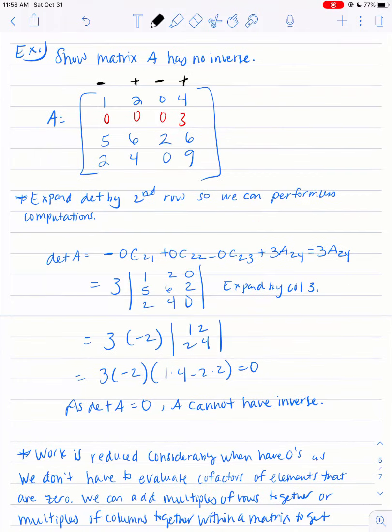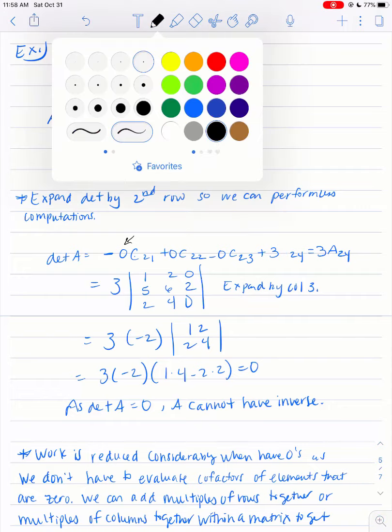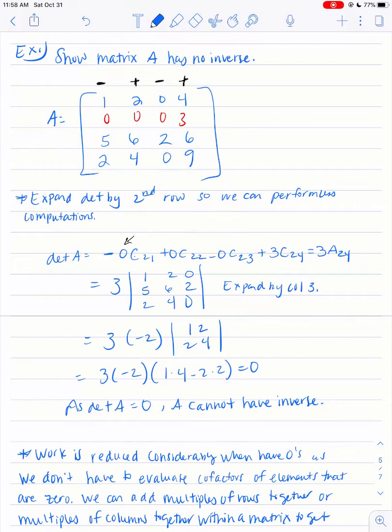So I have negative times 0, and then I'm just going to write cofactor 2,1, plus 0 times cofactor 2,2, minus 0 times cofactor 2,3, plus 3 times cofactor 2,4. Basically, I don't have to find any of these because they're 0, so they cancel. So I only have to find 3 times cofactor 2,4. Let's go ahead and do that.